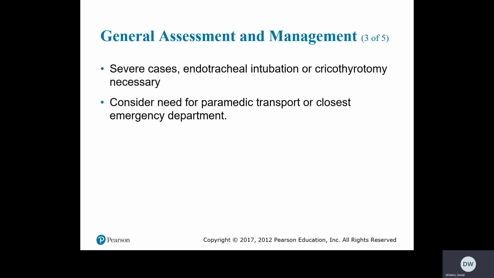In severe cases, we may have to control the airway with endotracheal intubation and possibly cricothyrotomy. That's beyond the scope of this presentation as well, so we'll leave that where it lies. This presentation is written for across the country, so there's not always paramedics available.